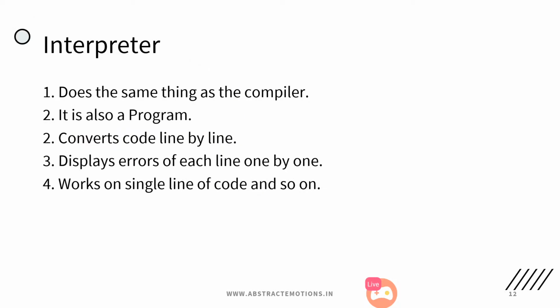It does the same duty, and it is also a program, but it converts the code line by line, shows errors of each line one by one, and works on a single line of code at a time.